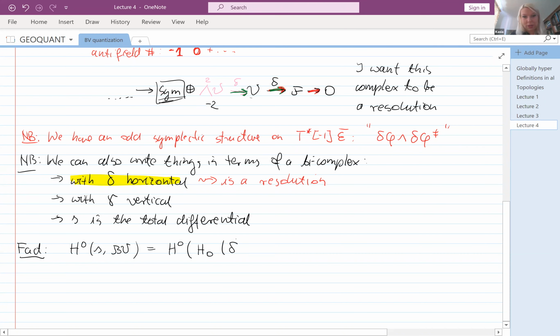I'm going this way, sorry, so this is still going to be cohomology of delta.